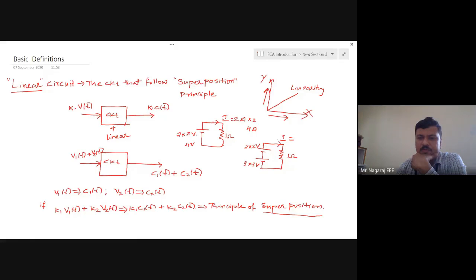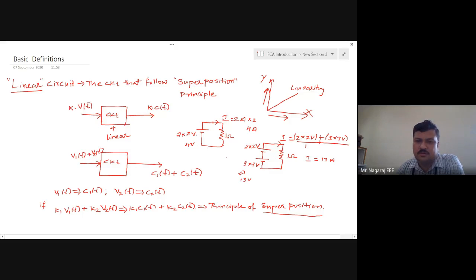So current I will be equal to 2 into 2 volts divided by 1, plus 3 into 3 volts divided by 1. So the grand input is 4 volts plus 9 volts, that is 13 volts. The grand output is I. If I take current as output, I is equal to 13 amps.